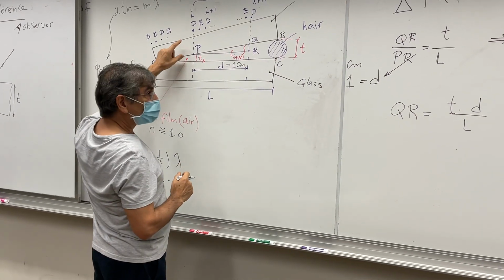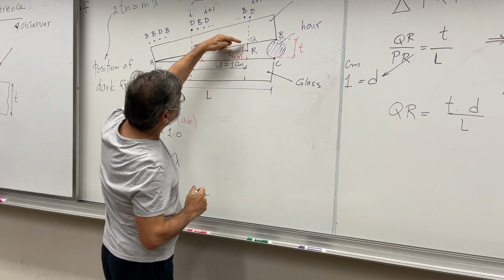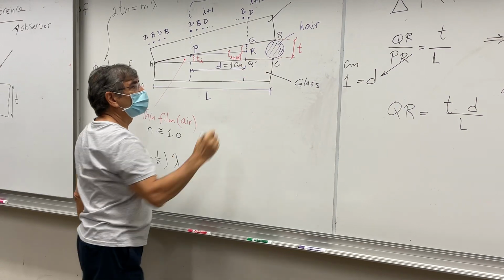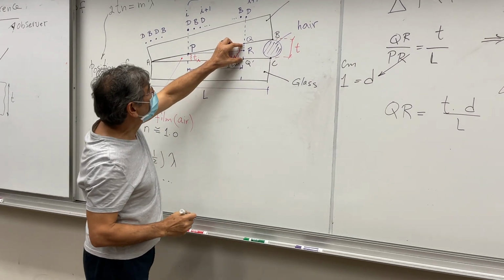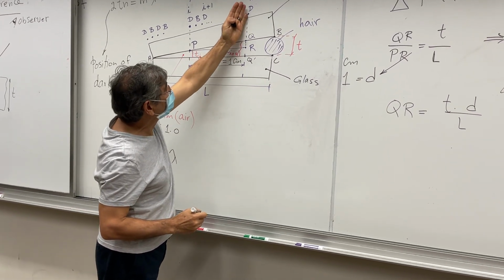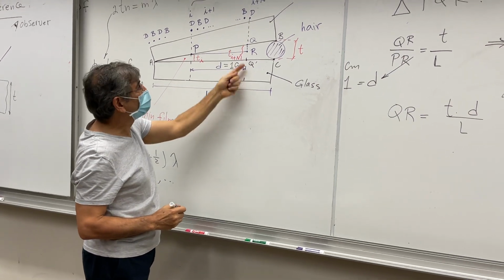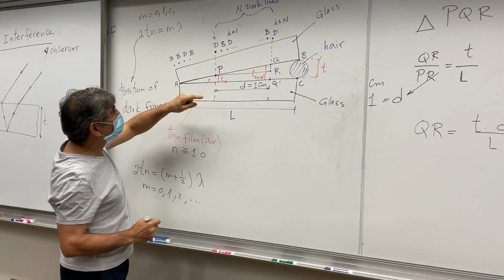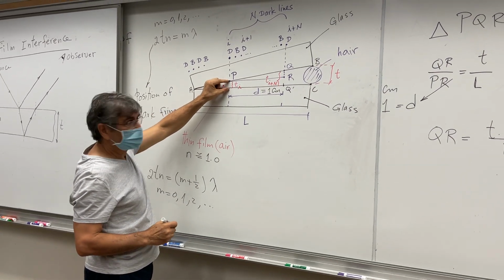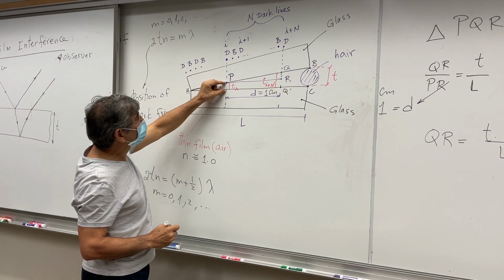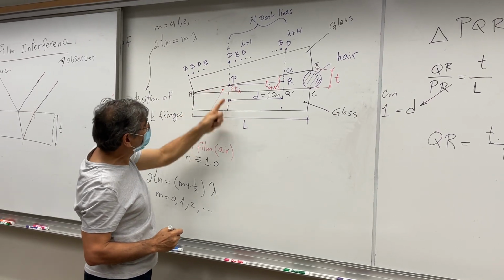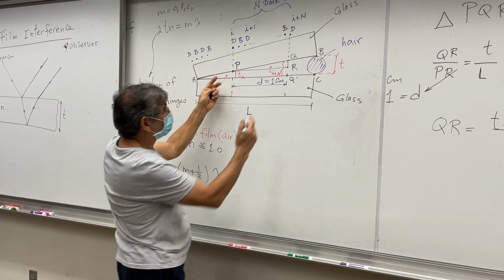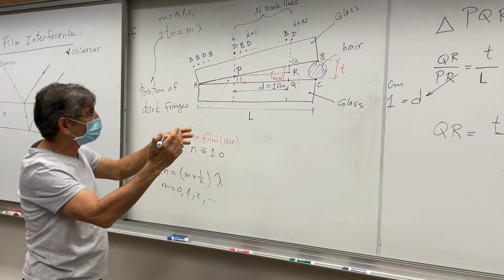So if you look at this triangle from Q to, let's say, this point, let's call it Q prime, that is the thickness of the wedge at this point, at the end of this 1 centimeter mark. Okay, that's this thickness from here to here. And this is the thickness of the wedge at the beginning of this 1 centimeter mark. Okay, we don't have to measure this, we can calculate it.